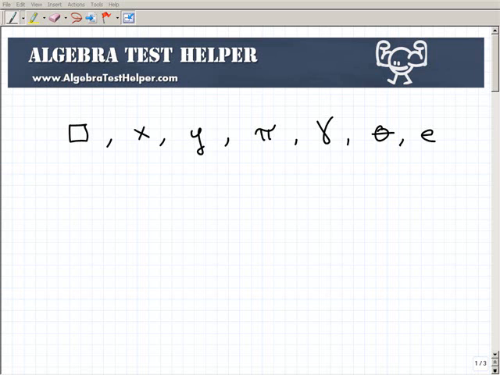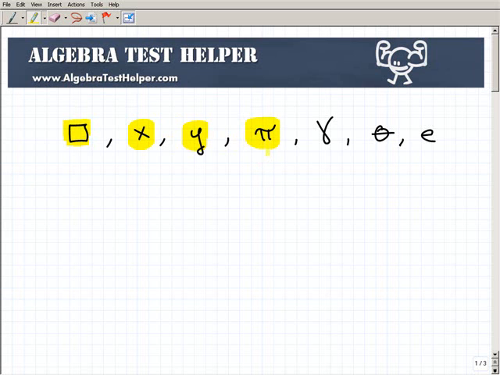What is a variable? Well, in its simplest terms, a variable is nothing more than a placeholder for a number. So right off the bat, and by the way, we're looking at examples of variables here. These are just symbols that can represent a number, or represent a value. So a box symbol, for example, could represent a number, an x, or a y, or this symbol here, which is a pi, the Greek letter that represents the famous number pi, 3.14, etc. It keeps going on forever and ever.